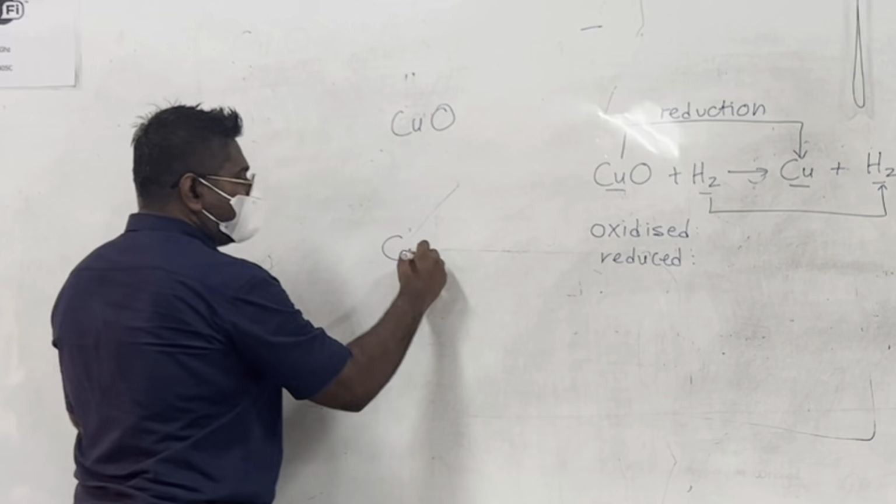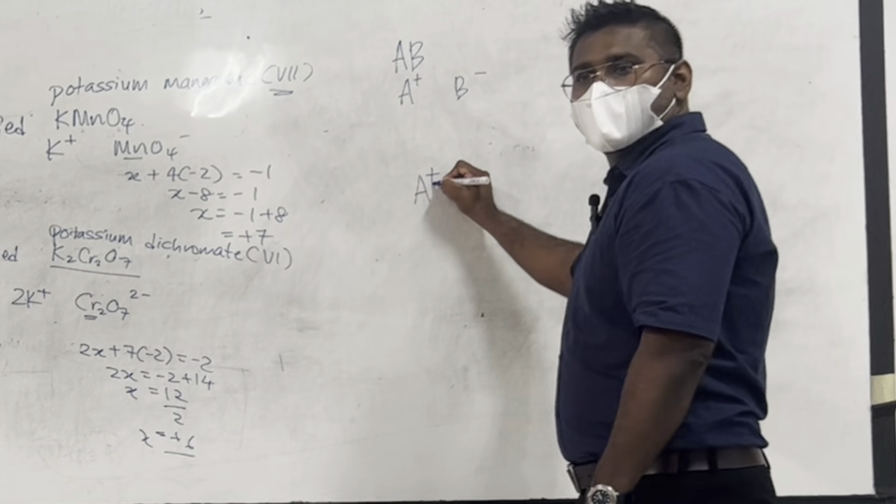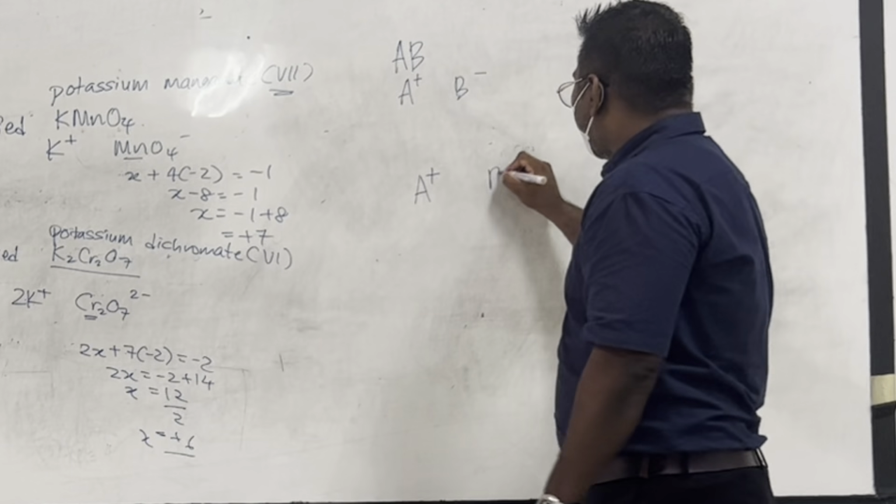The charges must be the same, that's why it's AB. But if you have A+ and you have B2-, what do we do? We try to make the charge the same. So this is 2-, this is only +1.